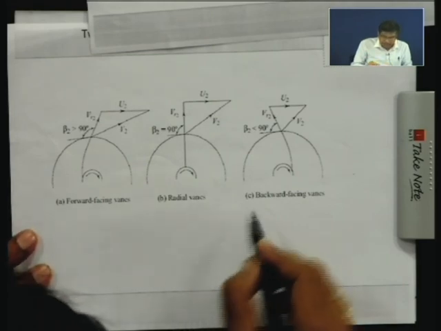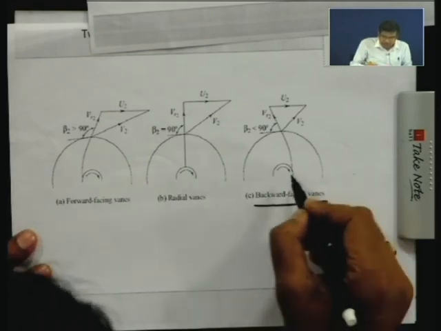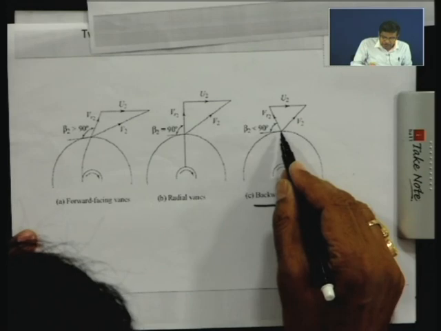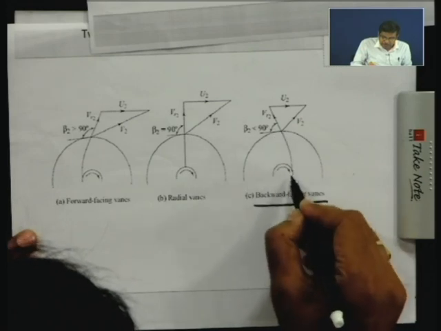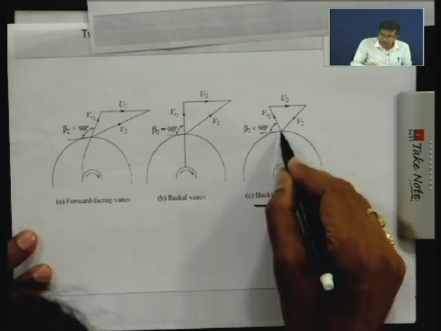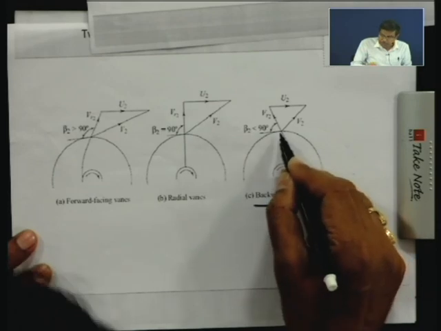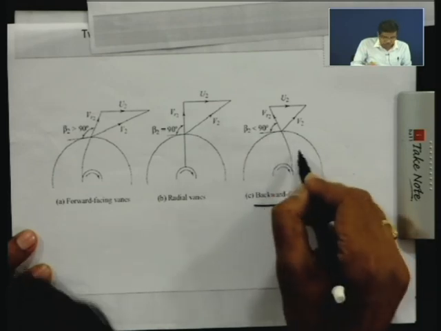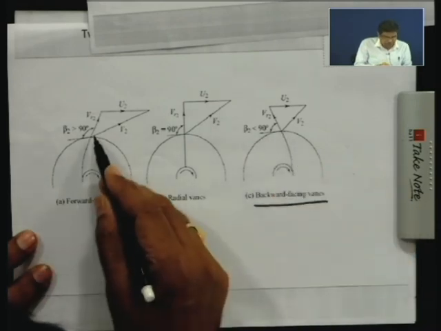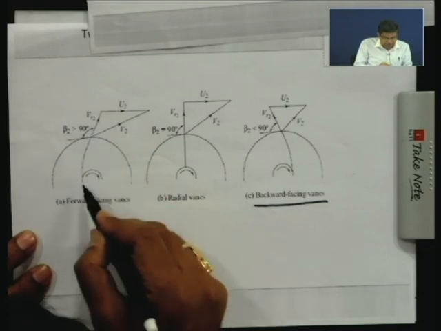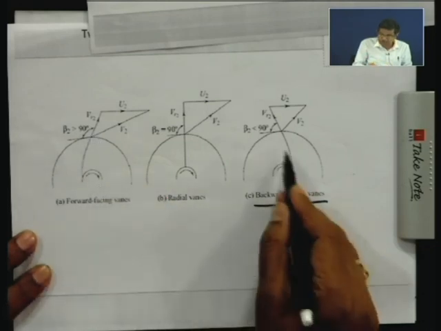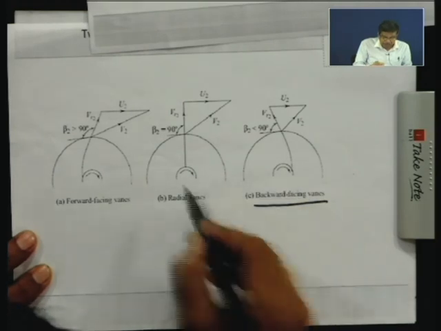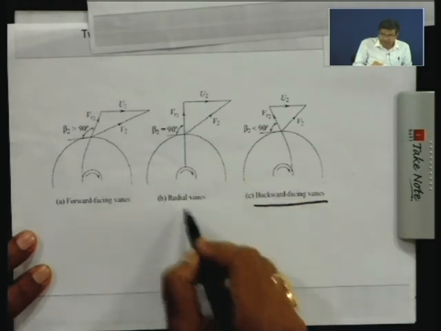There are three types. The backward curved, or backward facing, vane: this is the direction of rotation, and the impeller vane is curved in the opposite direction to the rotation. The forward curved vane has its curvature in the direction of the rotation. And this is a flat vane, known as the radial vane.